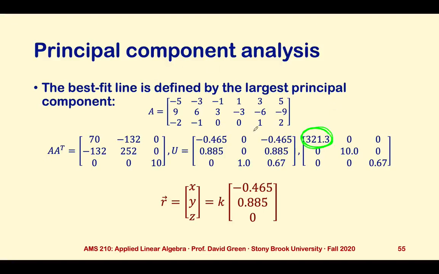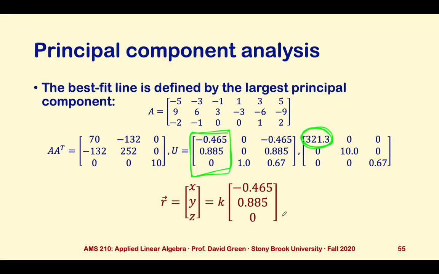This corresponds to the singular vector, the eigenvector of AA transpose listed here. This is the vector that describes the best fit line. We can describe the best fit line simply by any scalar multiple of this singular vector.